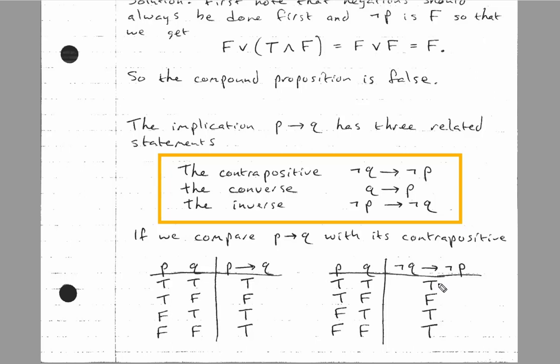So we get a T. If P is true and Q is false, then we're getting a T here and an F here. True implies false, we know that's false. Okay, so we get an F. And do these the same way, you'll get true and true.